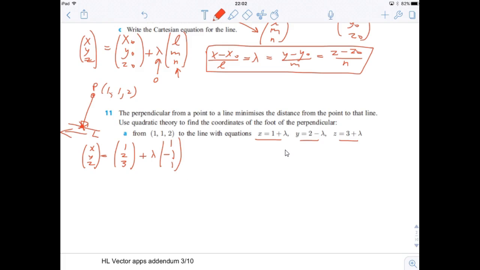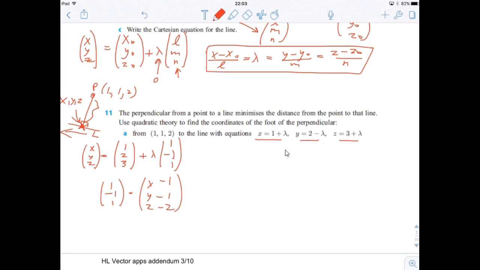So let's say the foot of the perpendicular is an unknown point, which we'll call x, y, z. One thing I do know is that the direction vector of the line, 1, negative 1, 1, is perpendicular to the vector between P and the foot. I can write the vector from P to the foot as x, y, z minus 1, 1, 2.